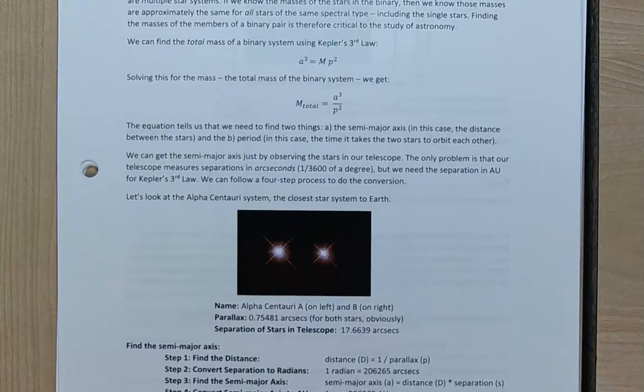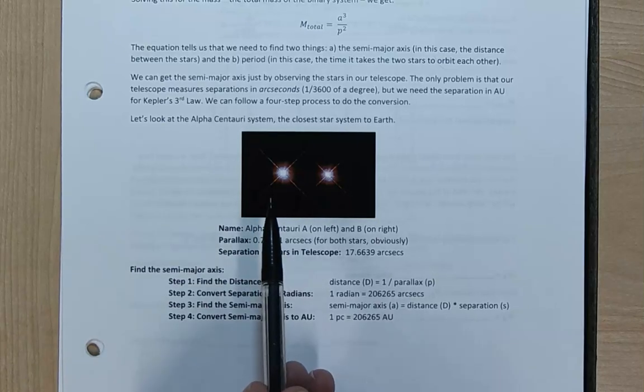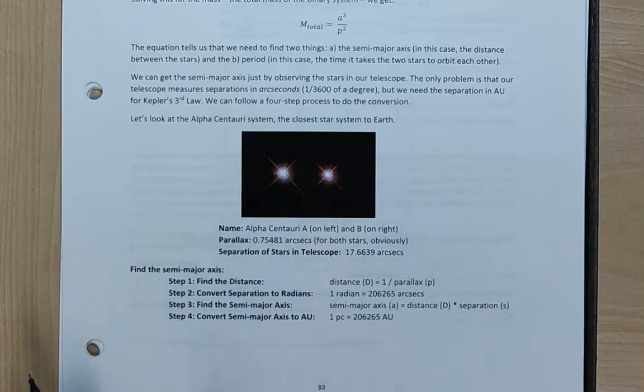All right. If you've got these two stars, Alpha Centauri A and Alpha Centauri B, and we're trying to figure out what their masses are. What are the masses of Alpha Centauri A and B? All right.